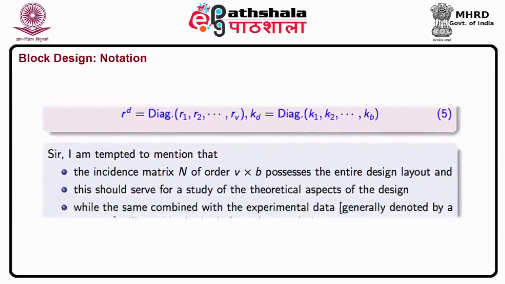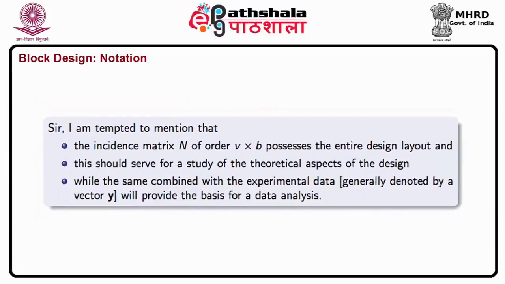Okay. Yes, sir. Now, sir, I'm tempted to mention that the incidence matrix N, of order V cross B, as we have mentioned earlier, possesses the entire design layout, and this should serve for a study of the theoretical aspects of the design, while the same combined with the experimental data, generally denoted by a vector y, will provide the basis of a data analysis.